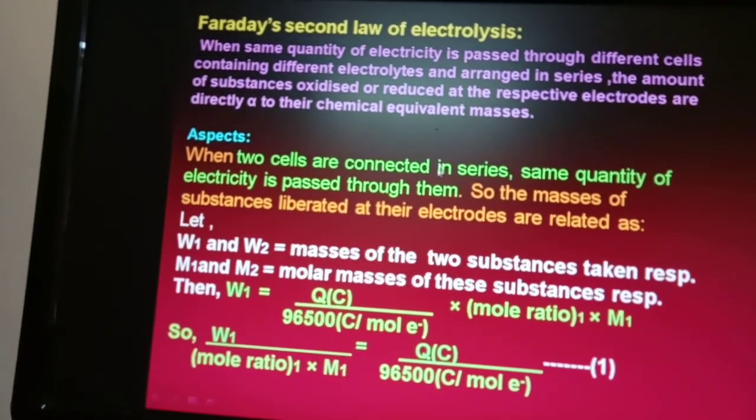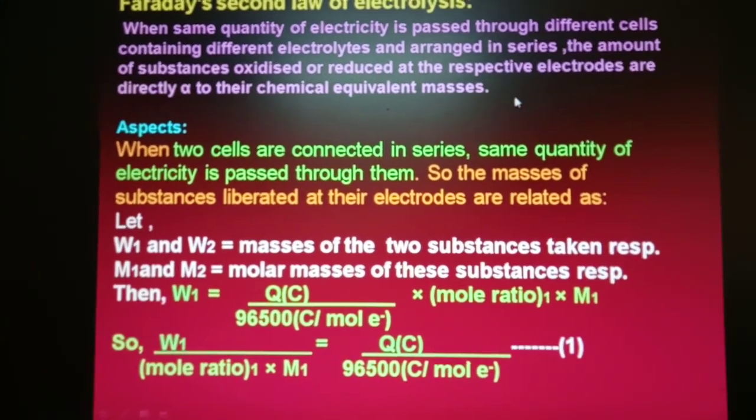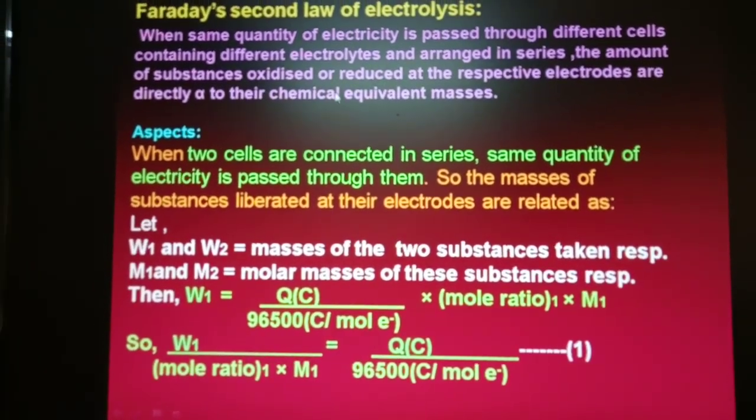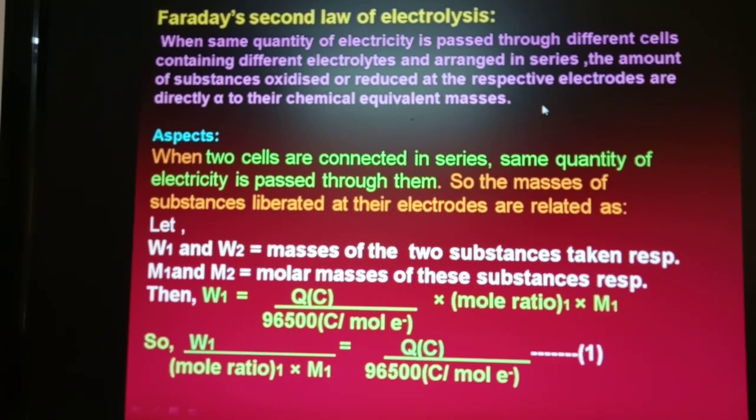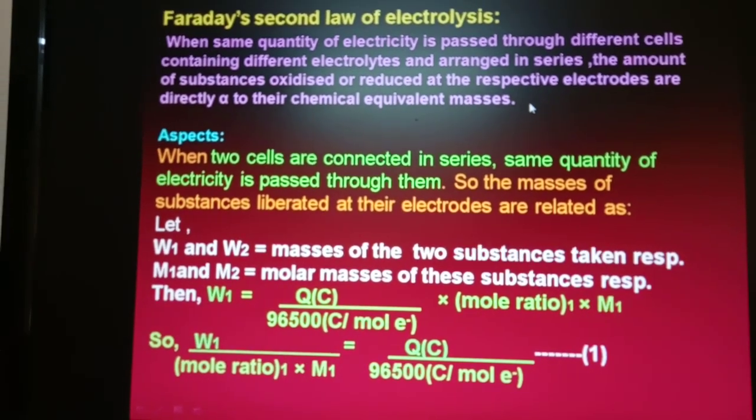Chemical equivalent mass means equivalent mass of that particular substance, which can be calculated by taking atomic mass divided by valency.